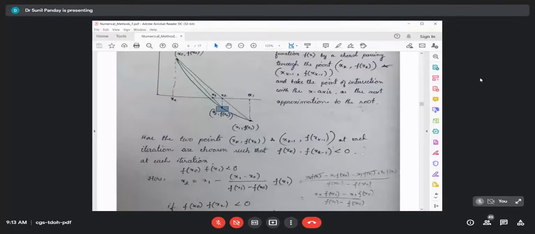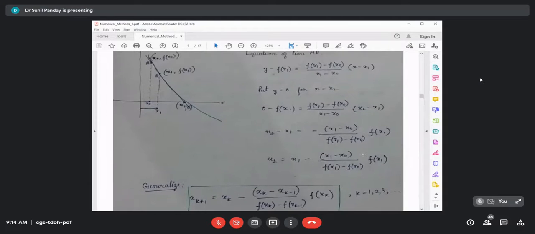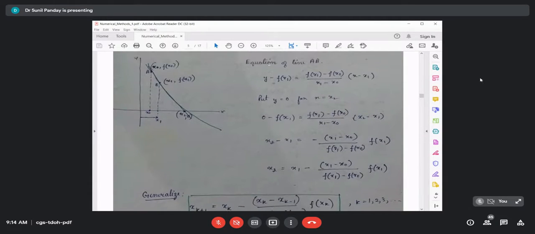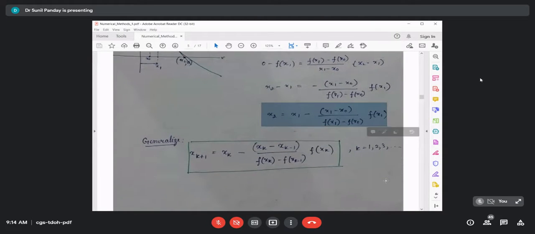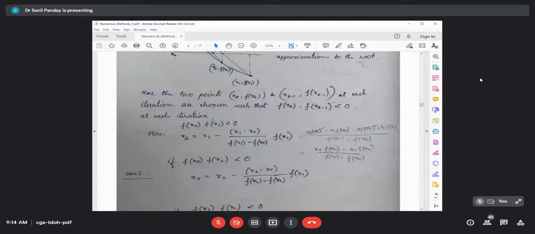The equation of the chord is the same as earlier: the equation of the line passing through two points, x naught, f of x naught and x1, f of x1, is given by this. Again we are searching for x2 such that y equals 0. So we have the same formula as with the secant method, but here one more condition is imposed: f of x k into f of x k minus 1 is less than 0.